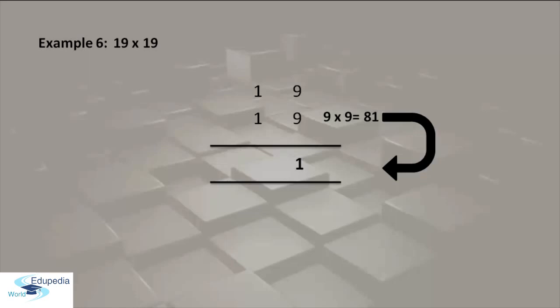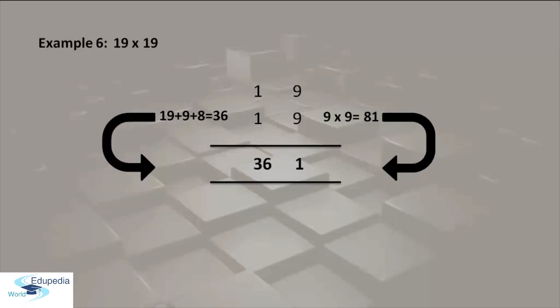The second step says that we take the ones place digit of the multiplier and add it to the multiplicand, and if there is any carry, we add that as well. Adding 19, the ones digit of the multiplier 9, and the carry 8, we get 36. This 36 is written below the horizontal bar on the left side.